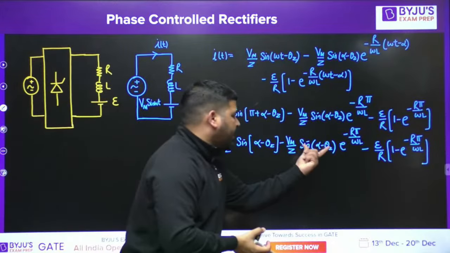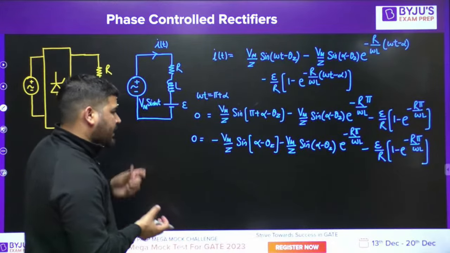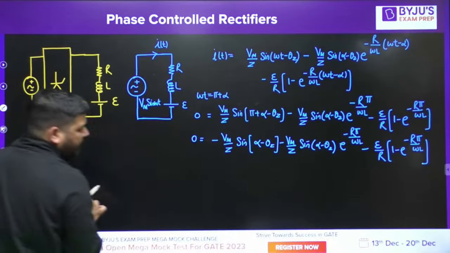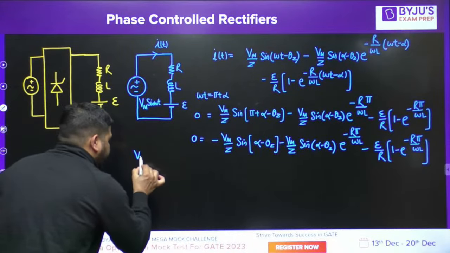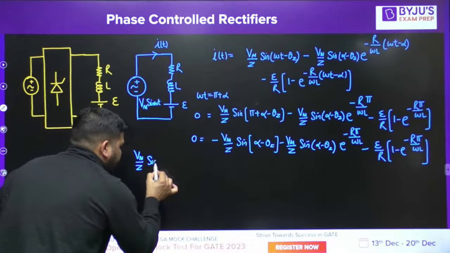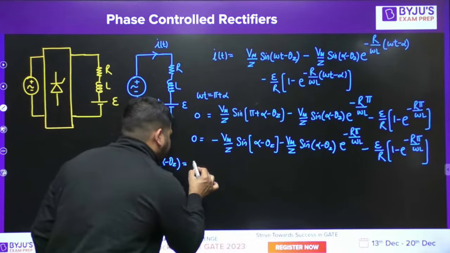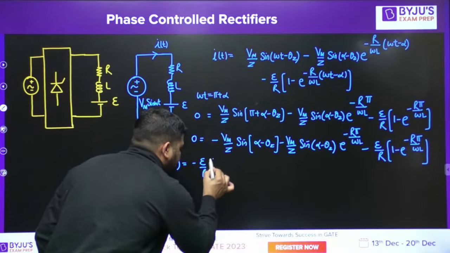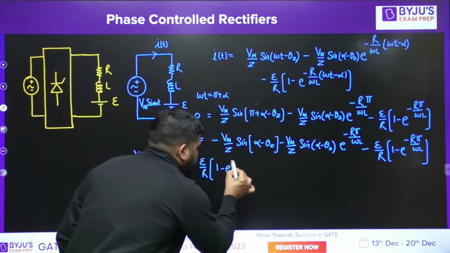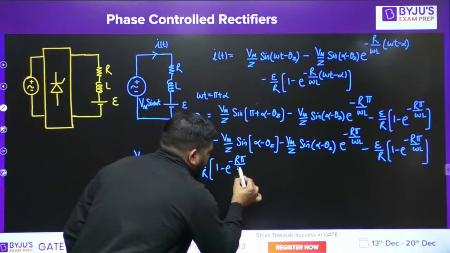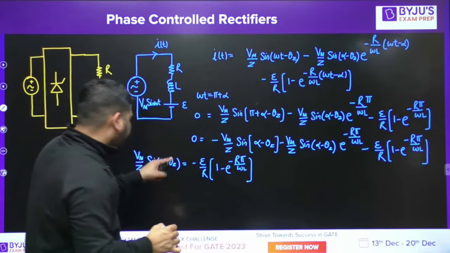Now you can take this common and take it on the left side. So if you take this common out, then you will get Vm by Z sine of alpha minus theta Z is equal to minus E by R into 1 minus e to the power minus R pi by omega L. So from this relation you can calculate alpha.